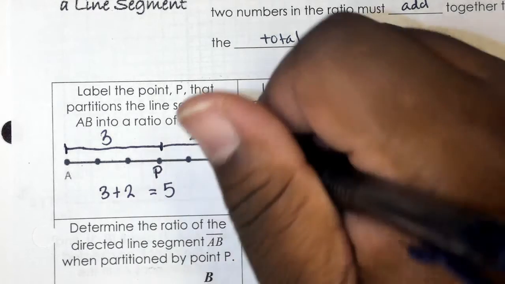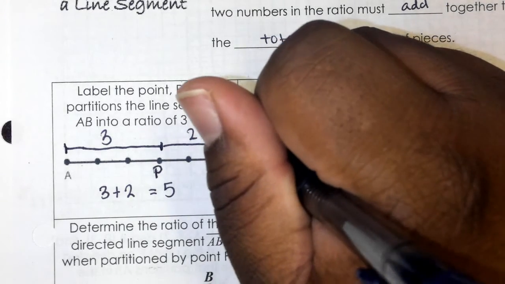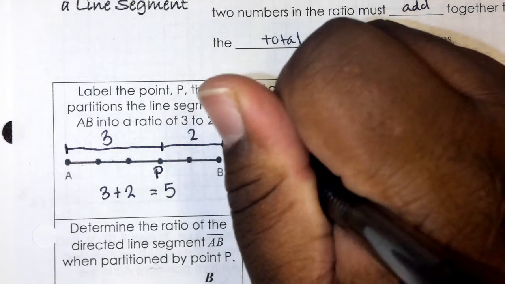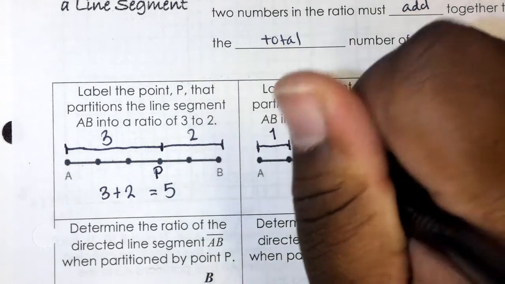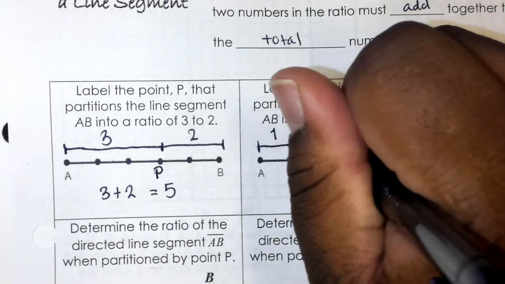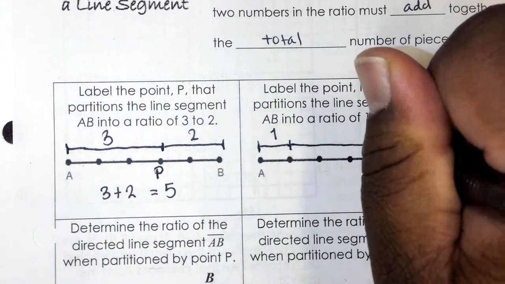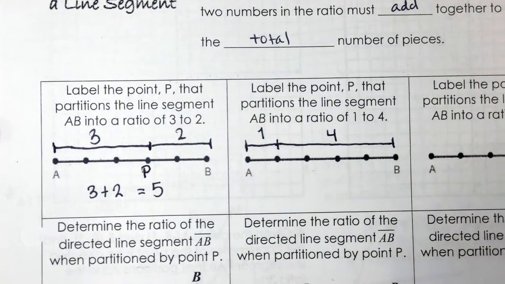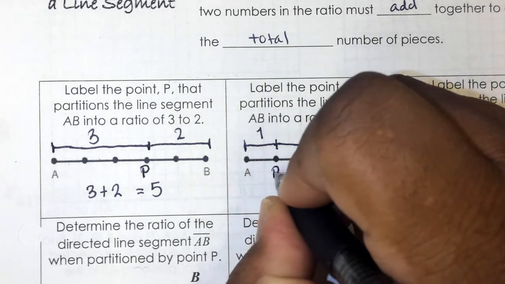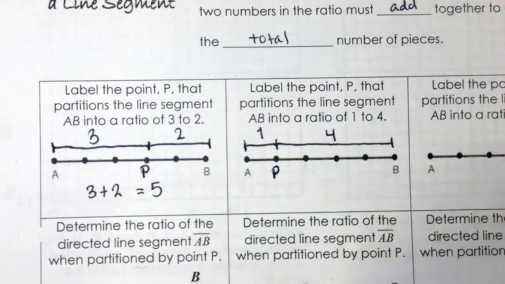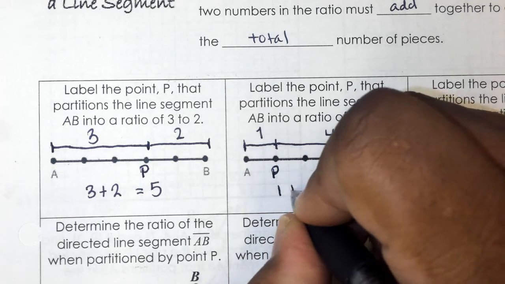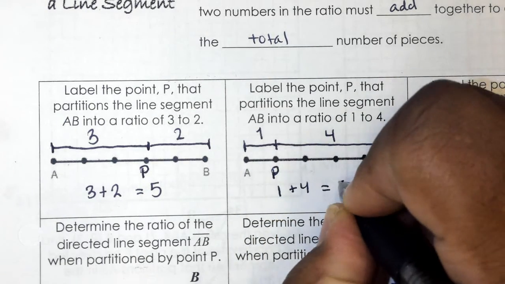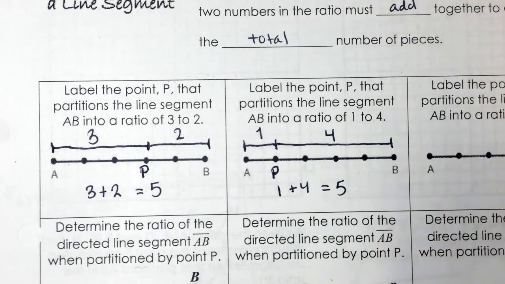The next one we split in 1 to 4. Partition point would be here. Same thing with this one. 1 plus 4 will give me 5 pieces in total.